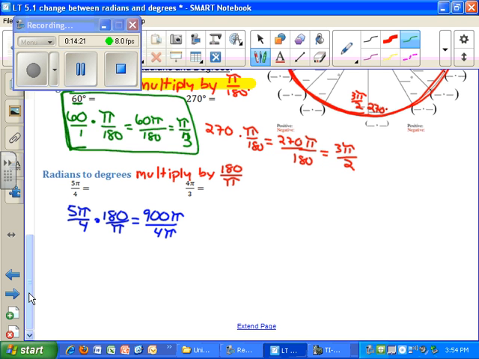And if we simplify that fraction, the pi's are going to cancel. And 900 divided by 4 is 225. So 5 pi over 4 radians is equivalent to 225 degrees.